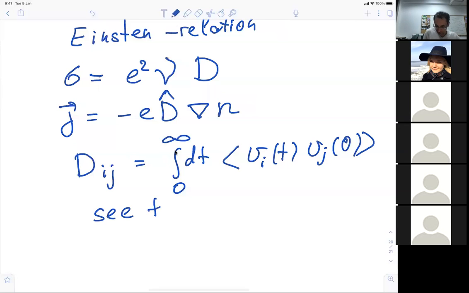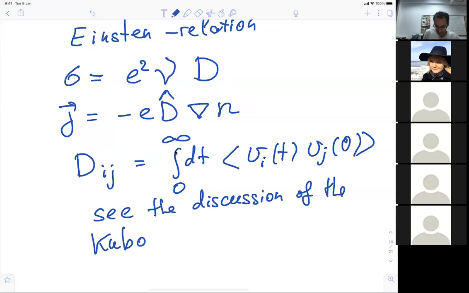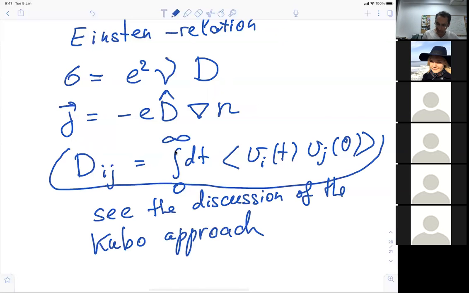See the discussion of the Kubo approach. So there is a diffusion matrix that describes the diffusion of the electrons, and can be formally computed via correlation functions of the velocities.